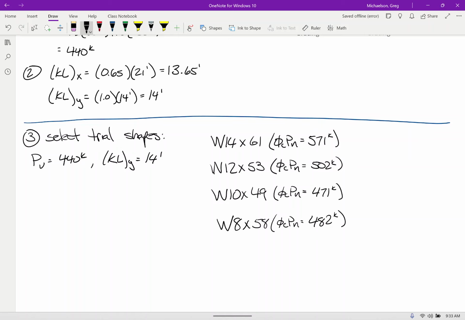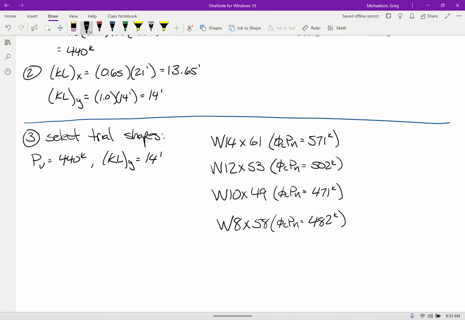Yeah. Like if the length was 14 feet, but the load was 640 instead of 440, there are no W8s that work. And that's okay, right? We would just find a W14, a W12, and a W10, okay? So I want to be crystal clear that it is possible that you just don't have a W8 that works. You might not even have a W10 that works if the loads get really high. That's okay.